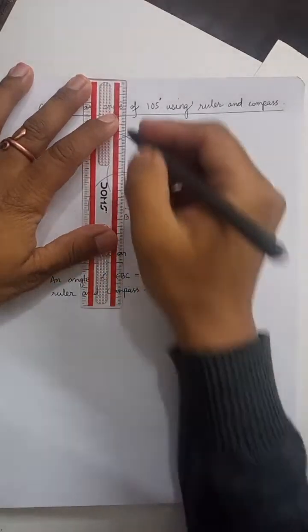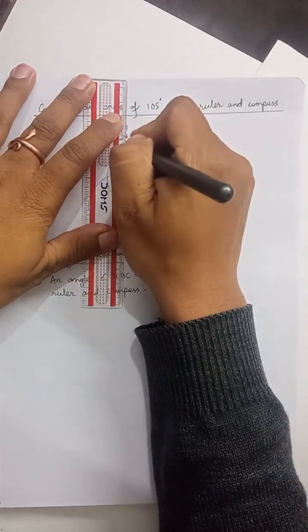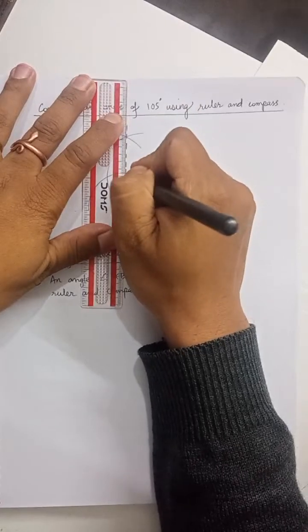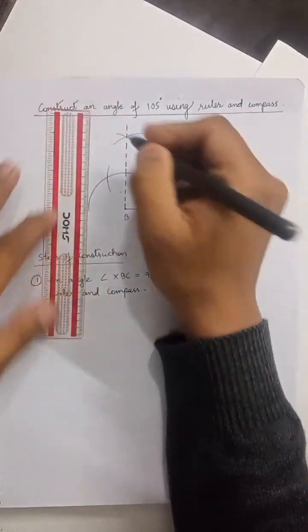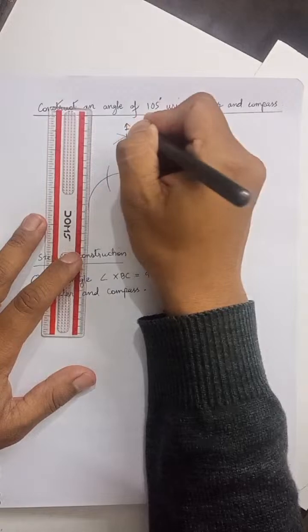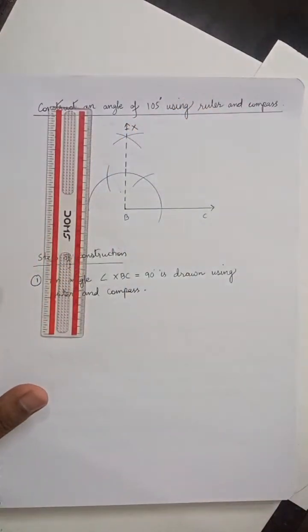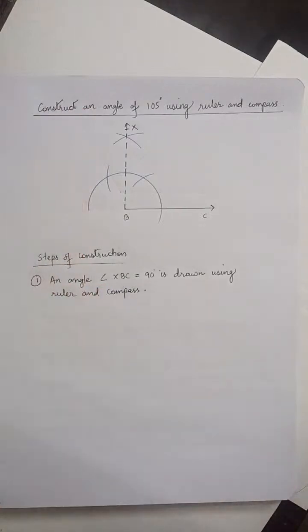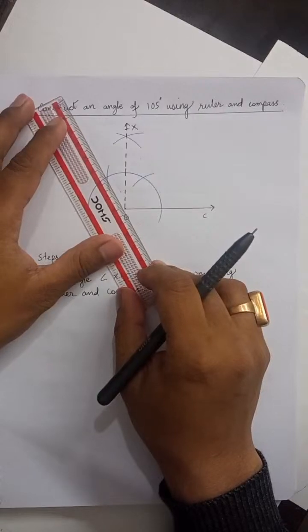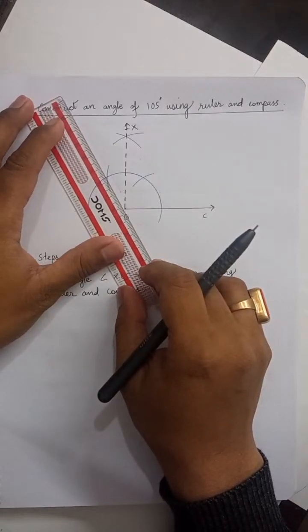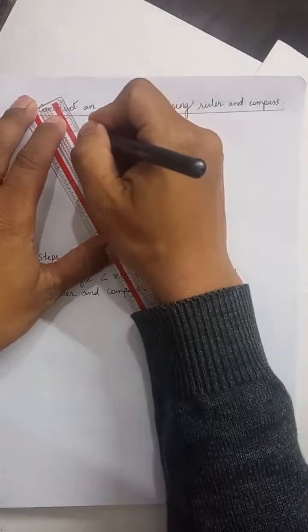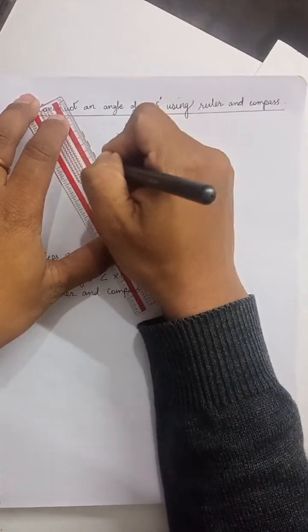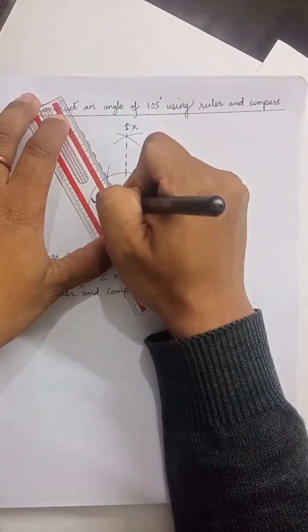Since this is not the angle we need, I will just mark it using dotted lines. So this is my angle XBC. Next up we will draw 120-degree. If we draw one more ray from here, this becomes our 120-degree. Let me name this YBC.